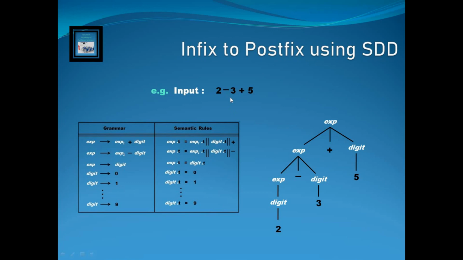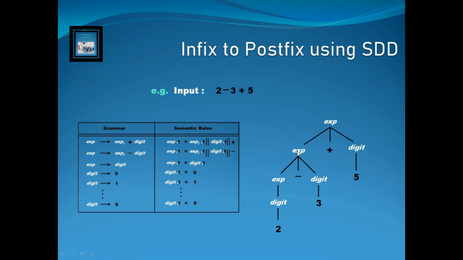So this expression consists of two sub expressions. Mainly this is a plus expression, and the first operand is a sub expression, that is 2 minus 3, and the second operand is a digit. Applying this first production for the main expression, for the plus operator, we choose this production: expression can have the form of expression plus digit.